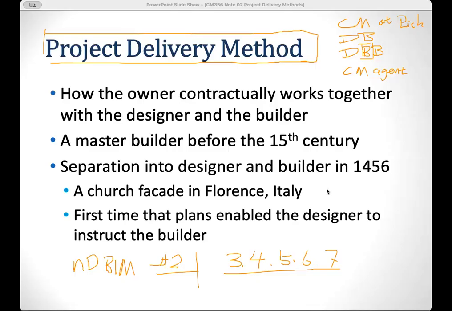So in this case you are making a design, bid, and build. That is where the sense comes from. As you see in the slides, it goes back to 1456, when this church facade in Italy was going to be built. This was the first time that plans enabled the designer to instruct the builders.